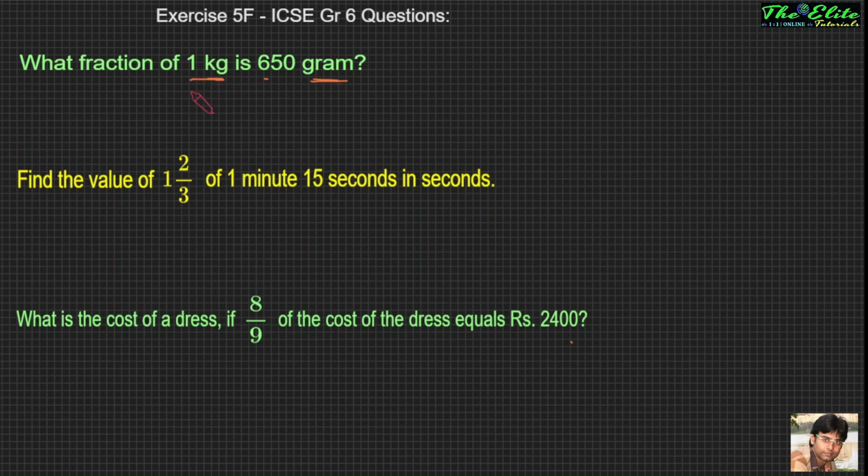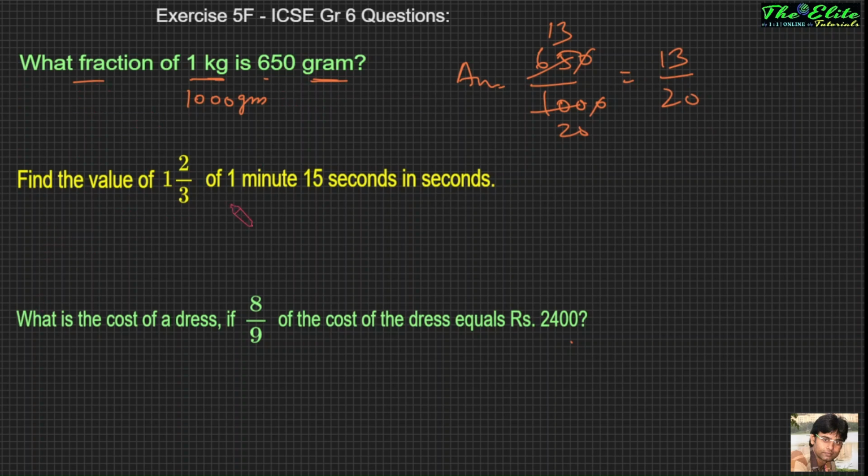So 1 kg can be written as 1000 gram. So the fraction is 650 gram out of this. So the answer will be 650 over 1000. And now you can cancel. 13 times 20, the answer is going to be 13 over 20. So 13 over 20 is the answer for this question.